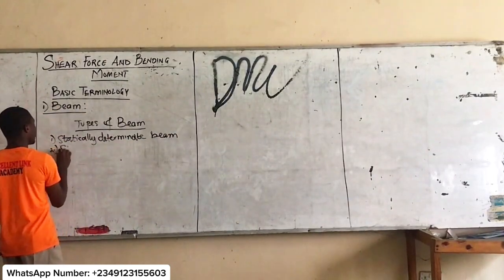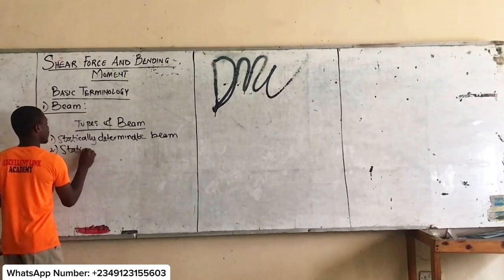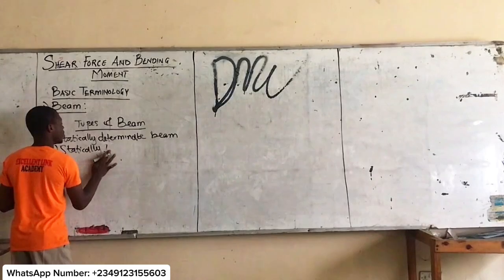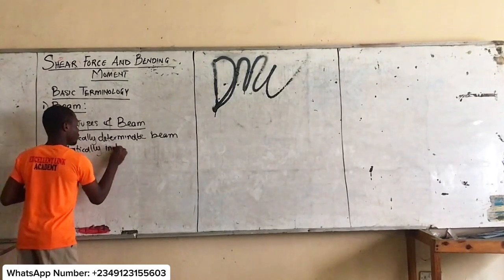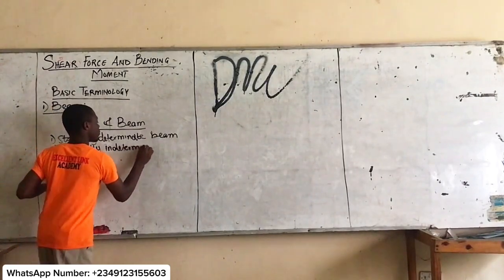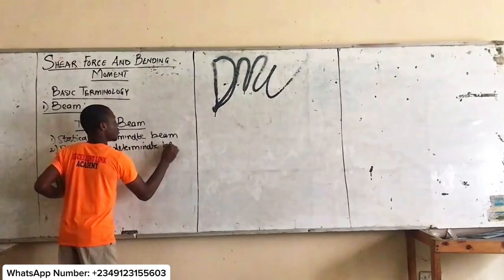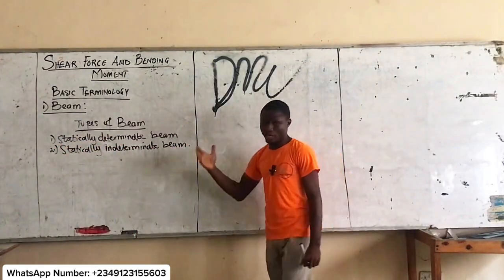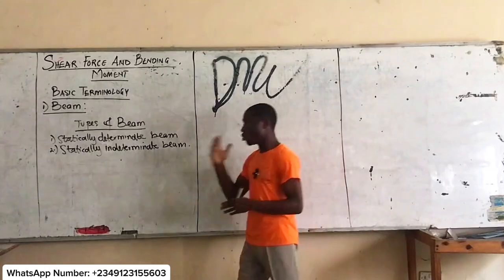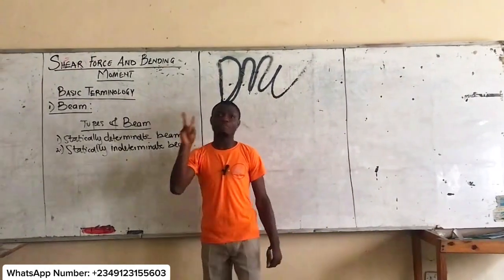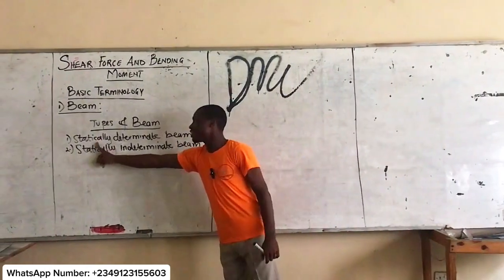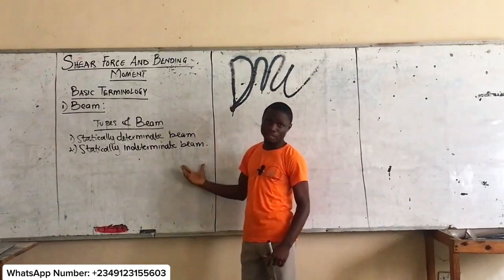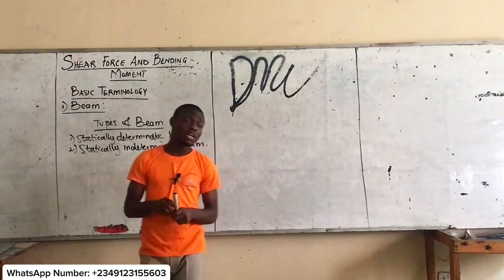Number two, the statically indeterminate beam. So note that there are two types of beam. The first one is called what? Statically determinate beam. And the second, statically indeterminate beam. Let's go through the beams one after the other.